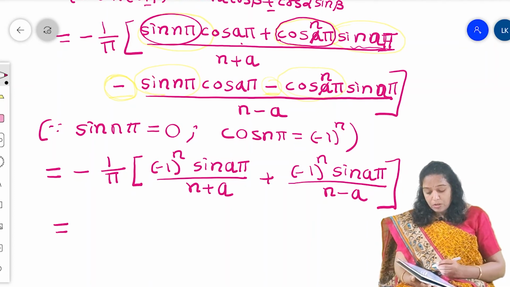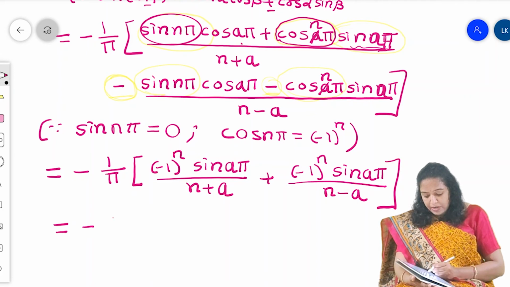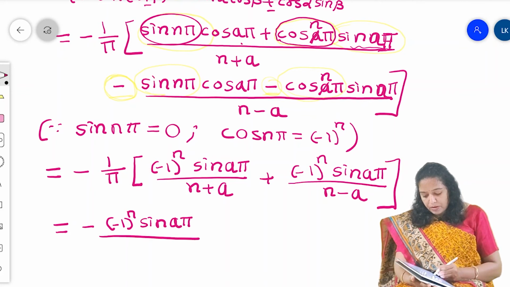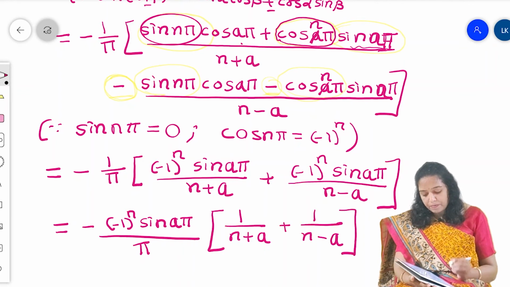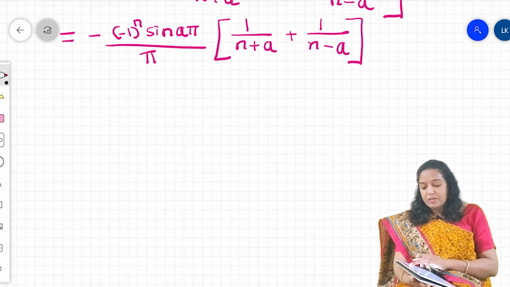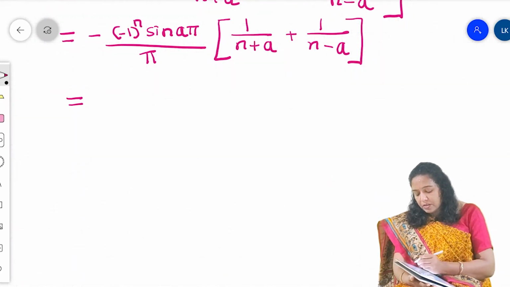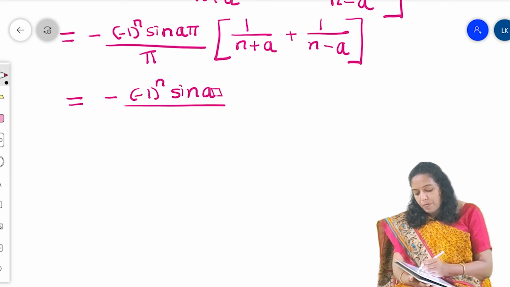Equal to, the common term is minus 1 raised to n into sin a pi. Inside the bracket we have 1 upon n plus a plus 1 upon n minus a. Simplify the bracket, that is minus times minus 1 raised to n sin a pi upon pi.